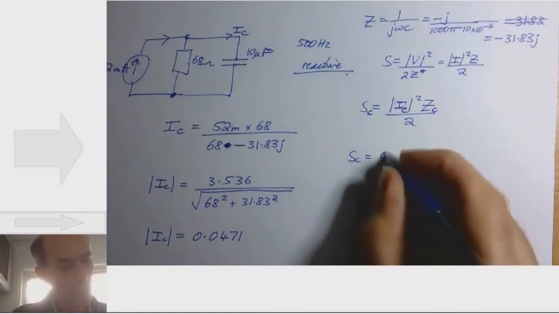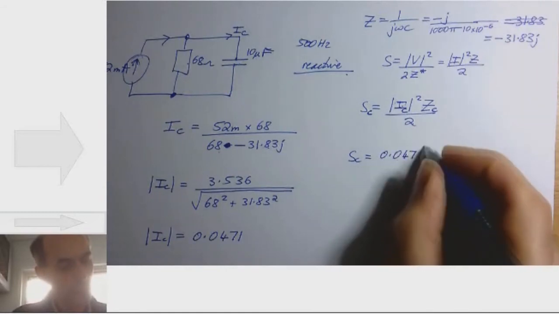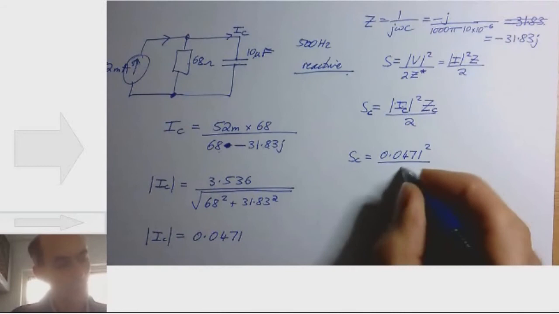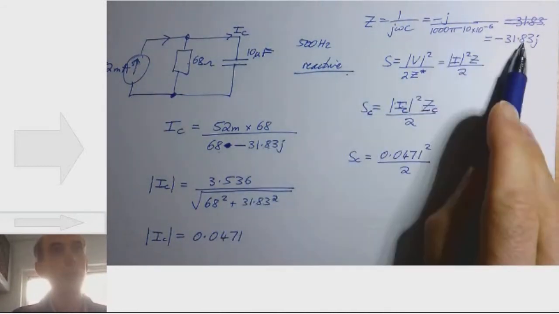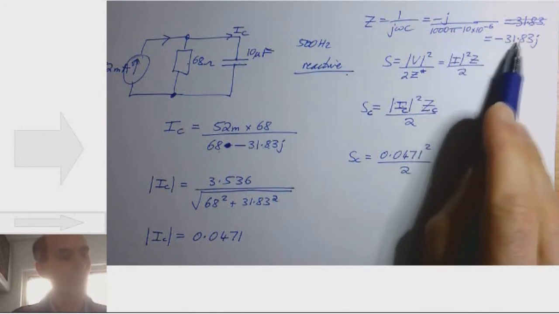So stick that up here. SC equals 0.0471 squared divided by 2 times ZC. Well, ZC up here, we've calculated it before, minus 31.83 j.